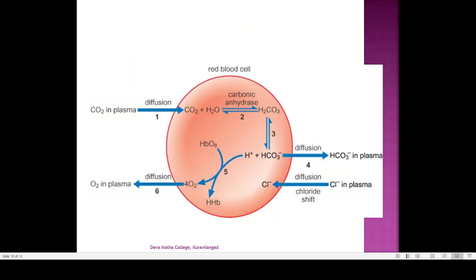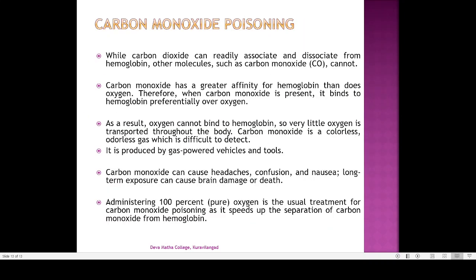One peculiarity of hemoglobin is that it has a higher attraction to carbon monoxide. So if both oxygen and carbon monoxide are present in an environment, hemoglobin will always bind with the carbon monoxide. That is an important peculiarity of hemoglobin.